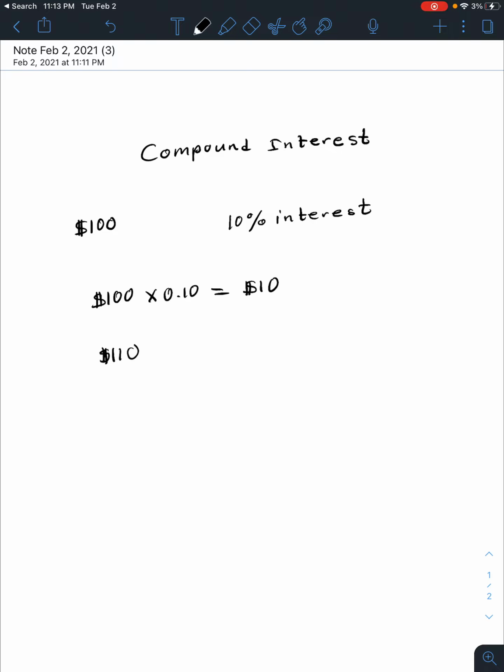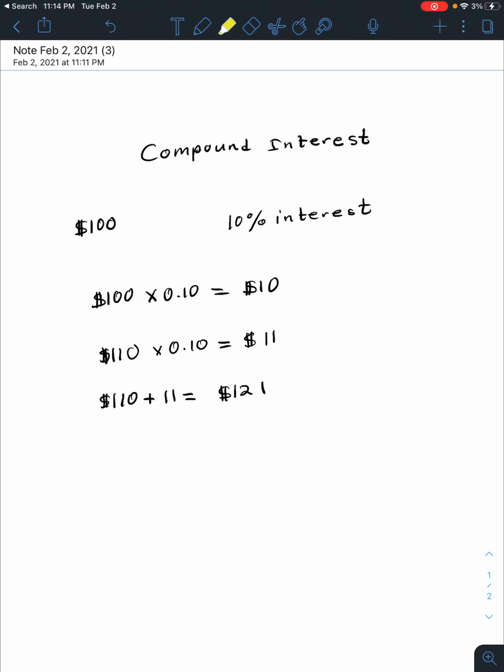Okay? And if you held this $110 and you did not spend it, once again, your parents would give you 10%. You multiply it by 10%. 10% of 110 should be 11. And now, instead of having 110, you have $110 plus 11, which is $121.